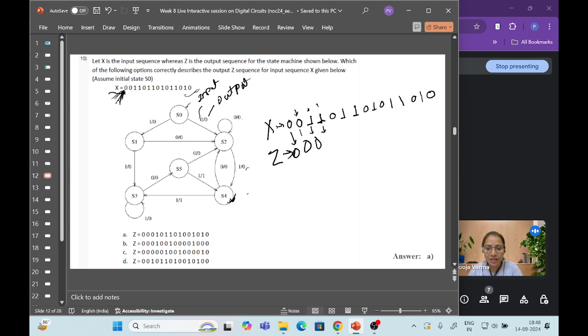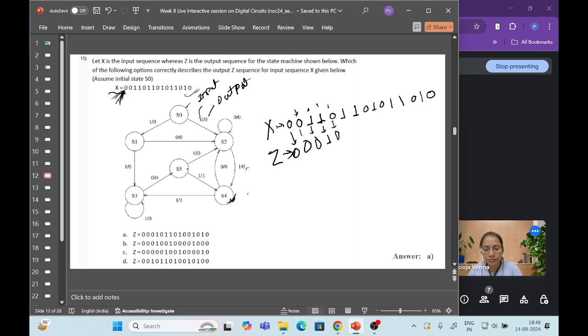What will be the corresponding output? S3, 1. Correct. Now we have reached S3. The next input is 0. For 0, the output is 0 and it moves to S5.